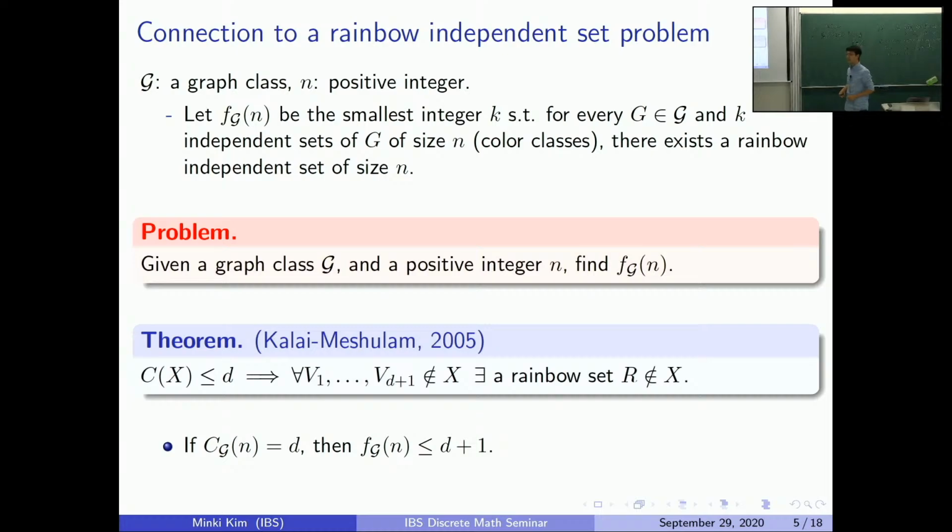Are they distinct? Does the size of R have to be at least d plus 1 in the theorem?